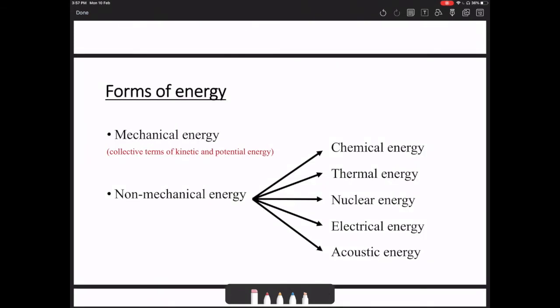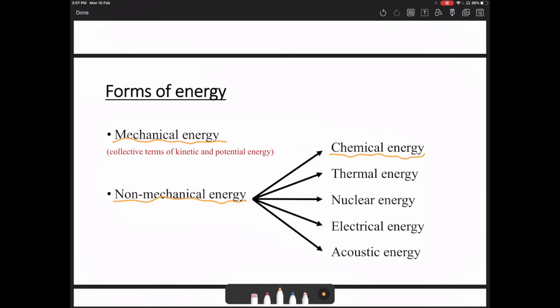Now let's talk about different forms of energy. We have two big groups of energy: mechanical energy and non-mechanical energy. Let me talk about the latter first. We have 5 examples of non-mechanical energy. The first one, chemical energy.